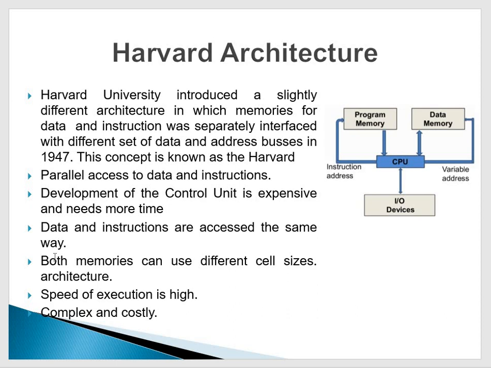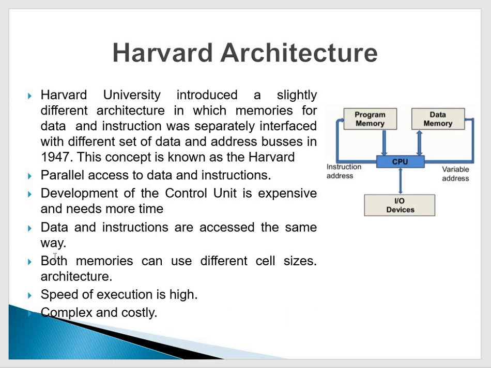In this case, the speed of execution will be high. As we can see, both program and data memory are interfaced with the CPU with two different sets of address buses and data buses, and data and opcodes can be accessed at the same time. That is why the execution speed of a computer having the Harvard architecture will be high compared to the von Neumann architecture.